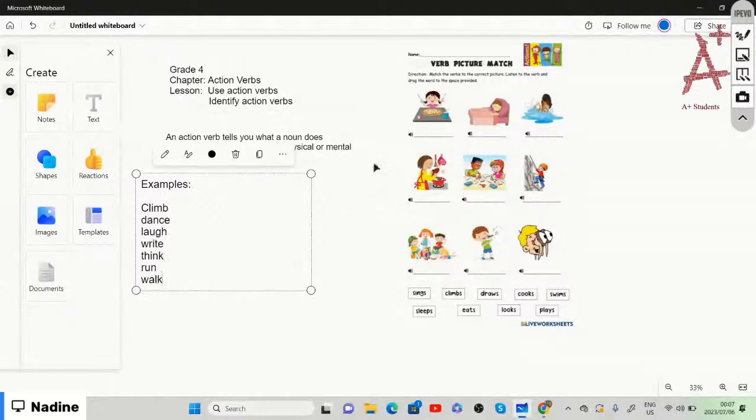Thinking, it's your thoughts, it's mental, right? That is an action verb. To run, it's a physical thing that you are doing. And walk, right? So these are but a few action verbs that I have written down so far.